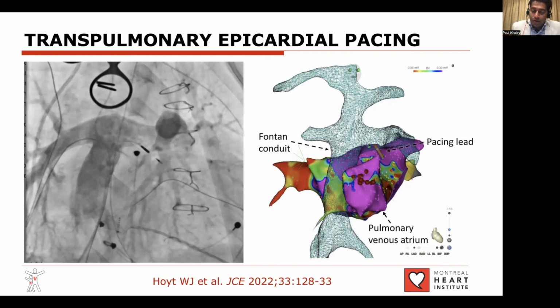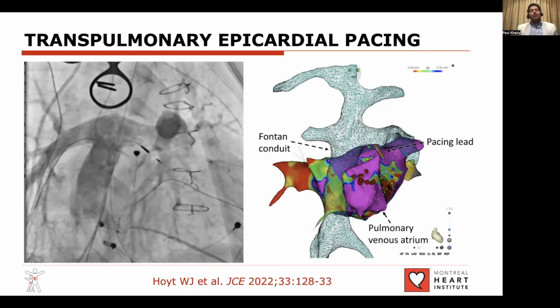The approach they recommend is, rather than going inside the systemic circulation, the lead is placed on the outer surface, or the epicardial surface, of the left atrium. So again, they're going through the pulmonary artery, but not through the atrium, in order to avoid the complications associated with leads placed in the systemic circulation. There still remains a portion of the lead in the Fontan baffle, but none in the systemic circulation.